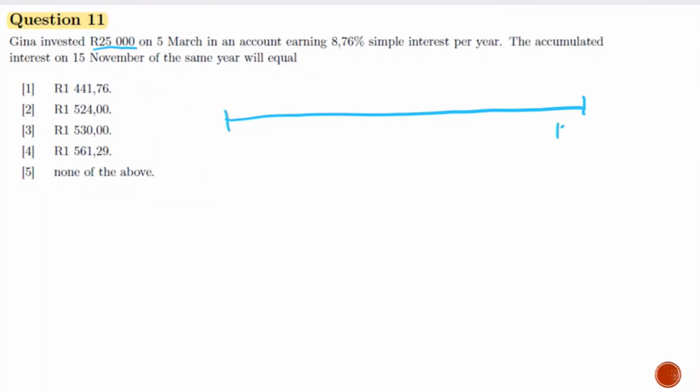You've got 15th of November, and then you've got your 5th of March. That's when you started. So now your present value here is equal to 25,000, and then the interest rate, your R, is equal to 0.0876. The accumulated amount, they need to find this.